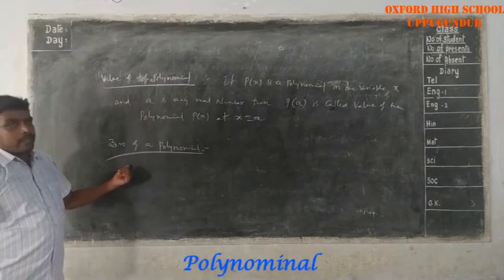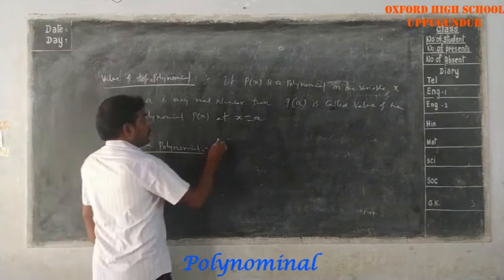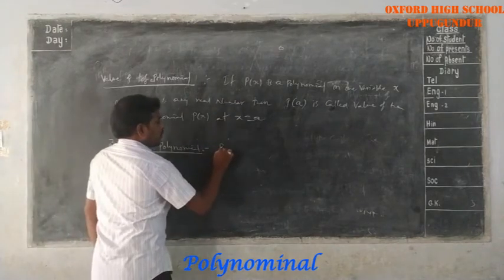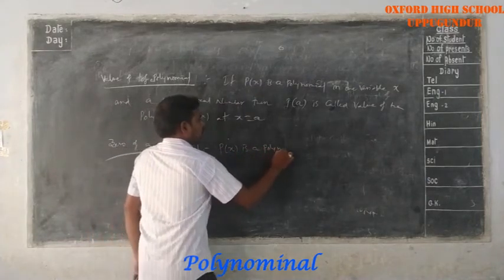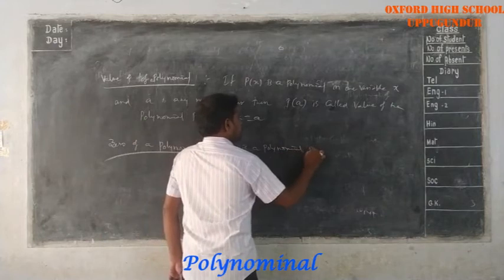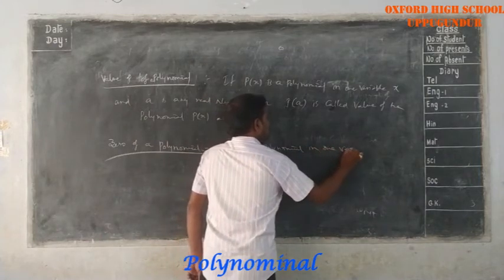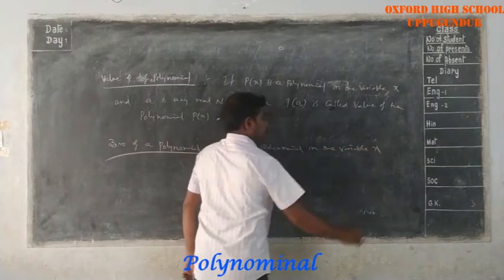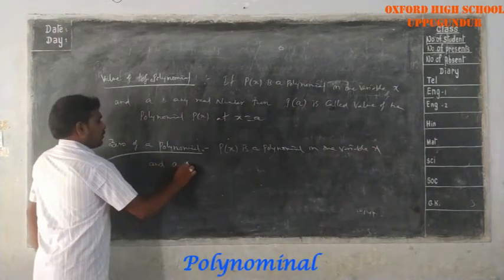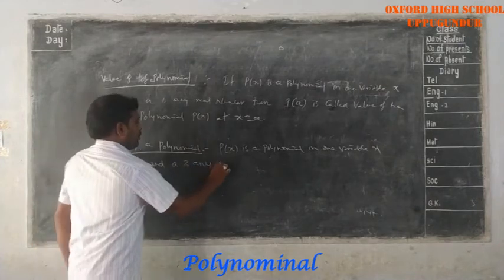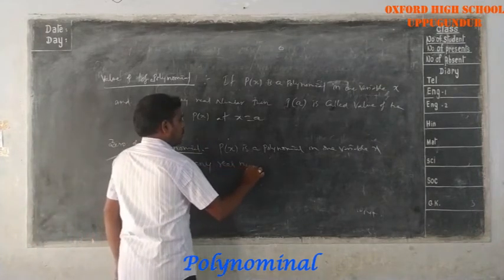Now zero of a polynomial. Same conditions you have, right? P of x is a polynomial in one variable x and a is any real number.